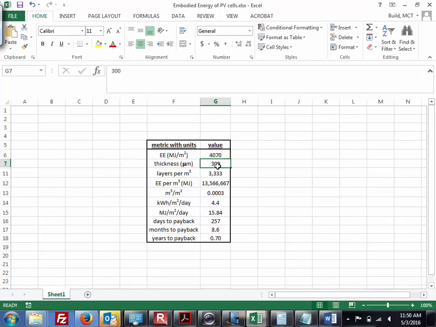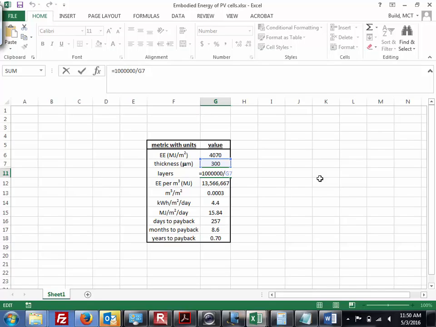We can figure out how many layers there are in a meter. I'm just using a cubic meter, so I just said per, probably more correct just to say layers per meter. Doesn't change the answer. And for this, I just took 1 million, because there are 1 million microns in 1 meter.